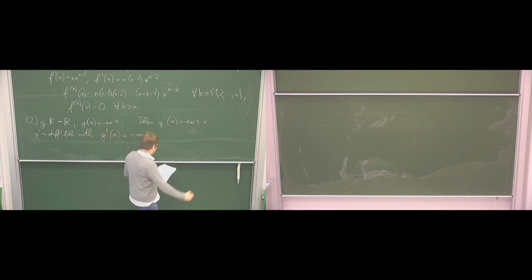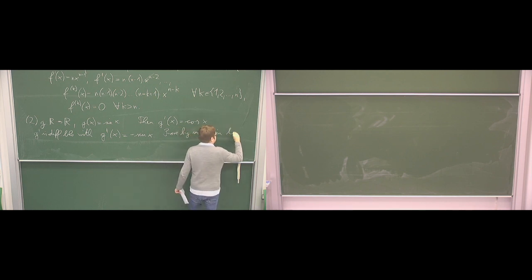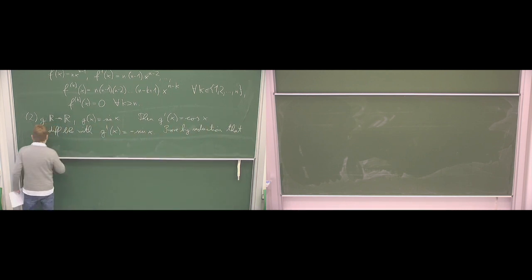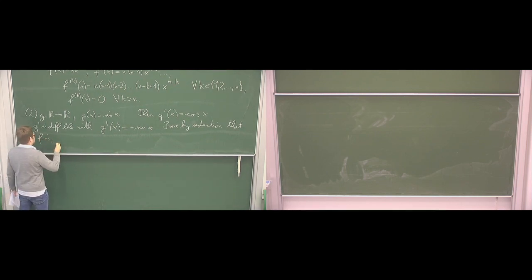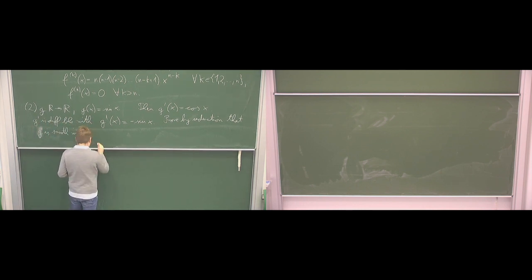And there's a general formula for this, but this needs to be proven by induction, which I won't do here because it's actually very simple. Prove by induction that g is smooth, so it's k times differentiable for each k, and this is shown by induction over k. And the derivatives have the following general form.